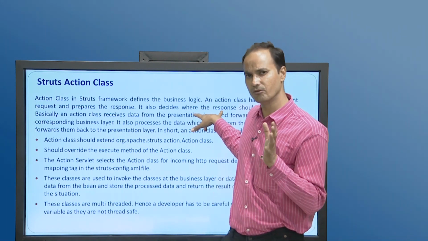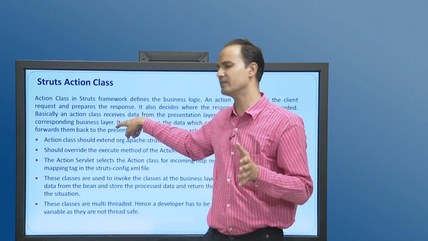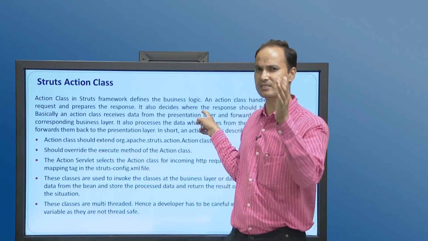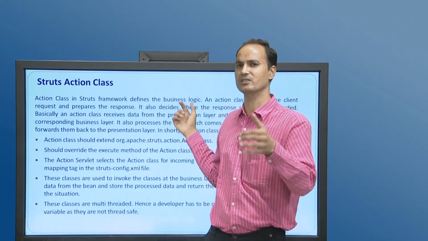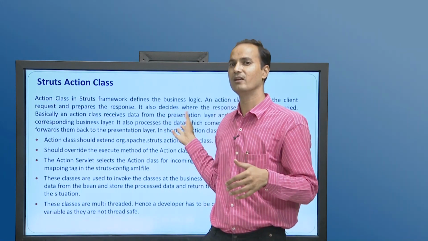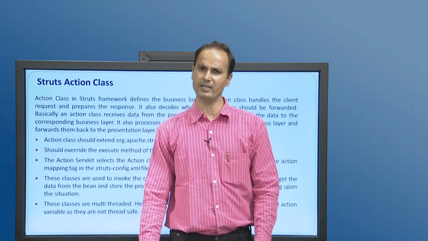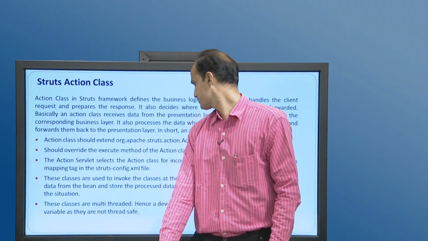The presentation layer is known as the view in an MVC architecture, and the business layer is known as the controller. So the action class fetches the data from the presentation layer, the business layer processes the data and sends back the response to the presentation layer. Where to send the response back to the client will be decided by the action class itself.